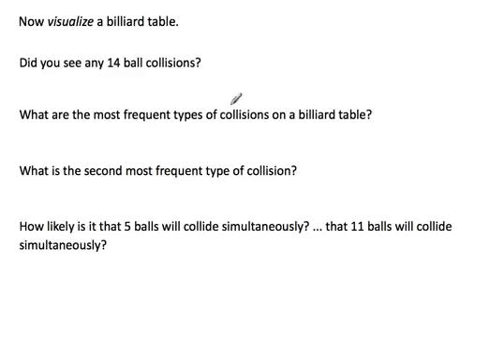Did you see any 14 ball collisions? That's all the balls on the table at once, and that's obviously a great big no. That's not going to happen. So what are the most frequent types of collisions you saw? Well, even though it was pretty hard to tell, the most frequent were definitely these two ball collisions.